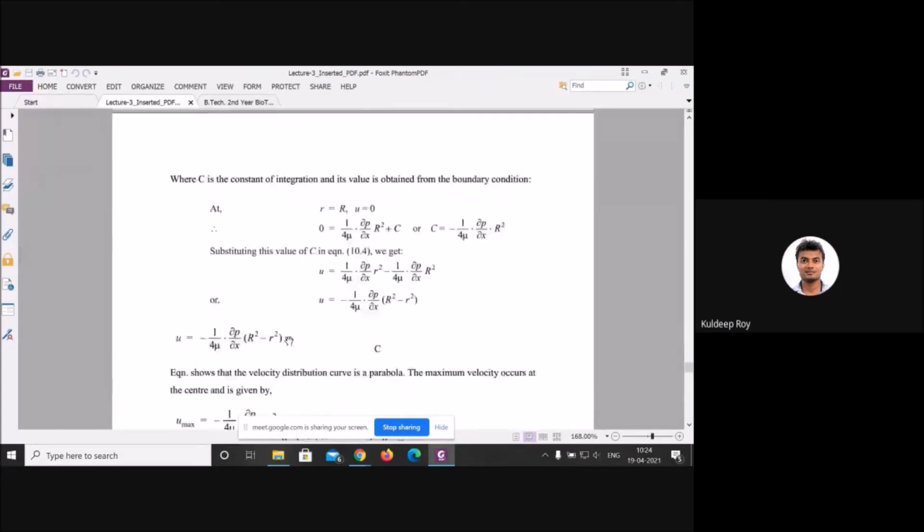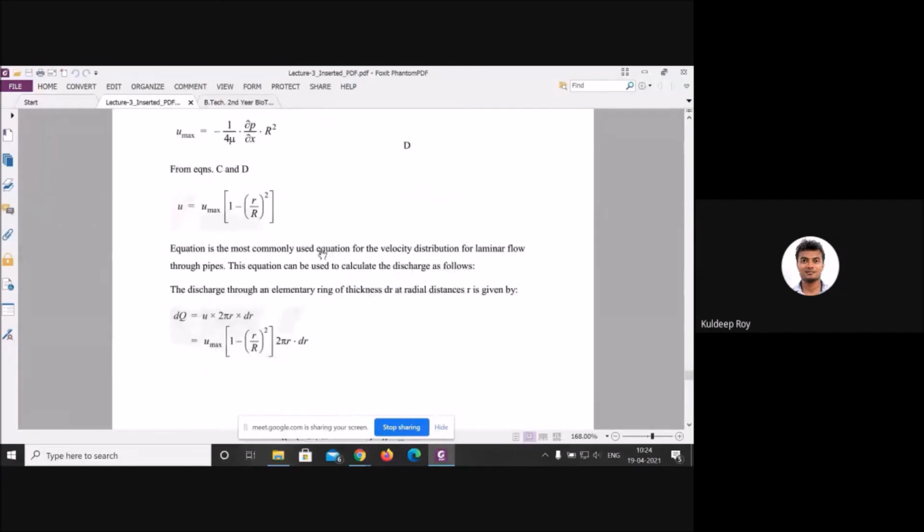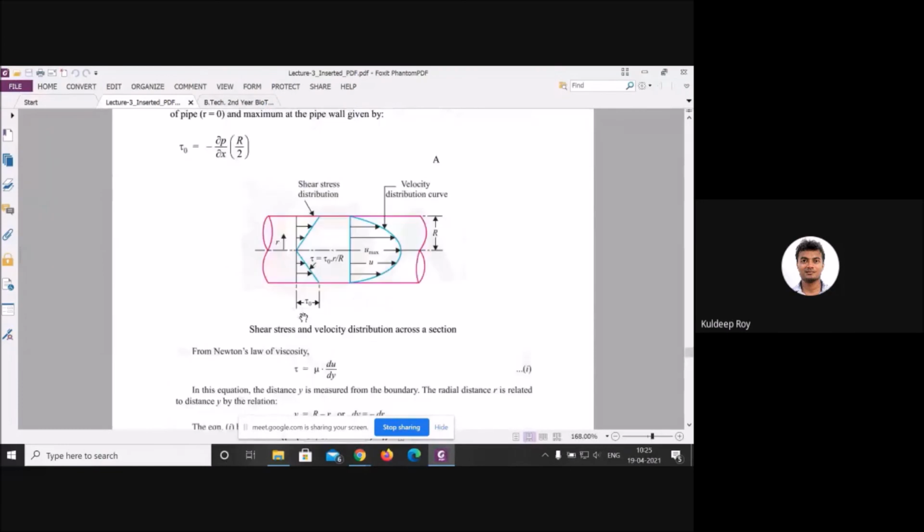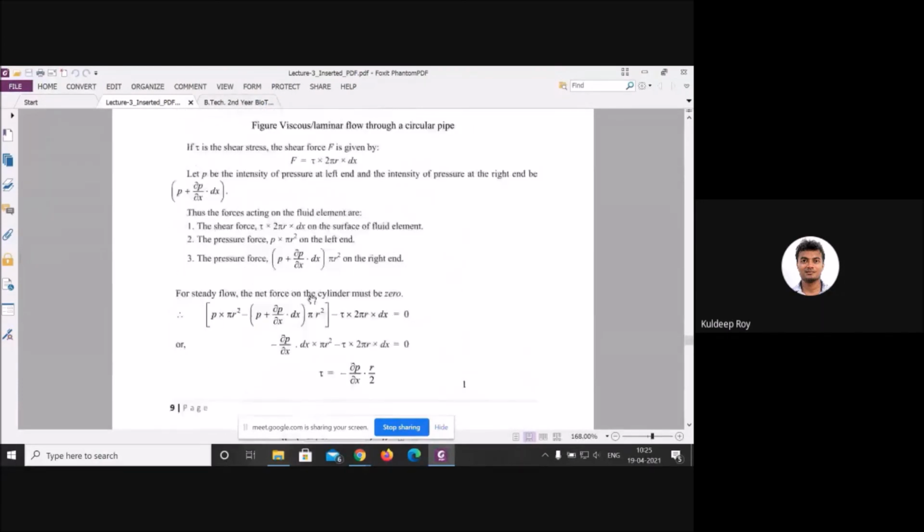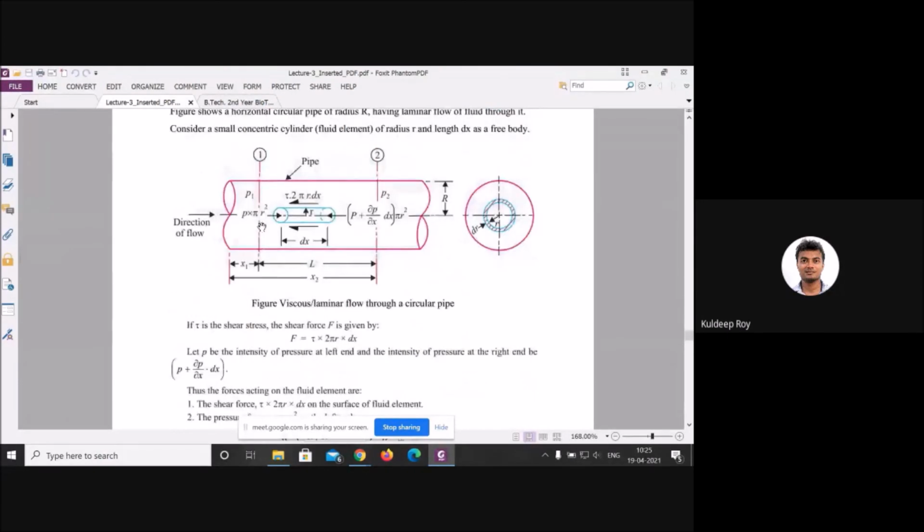First we have to highlight a few points. We have got this expression. First of all, if the fluid flows from this direction to this direction, then velocity at the center will be very high and stress will be zero.